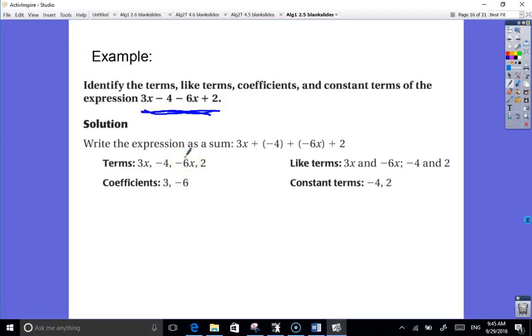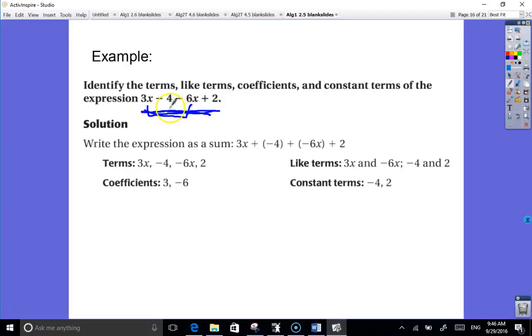Like terms have the same variables raised to the same power. So which are the like terms in that expression? 3x and negative 6x. They have the same variable, x, raised to the first power. If one of them was squared, then it's not a like term anymore because they don't have the same power.